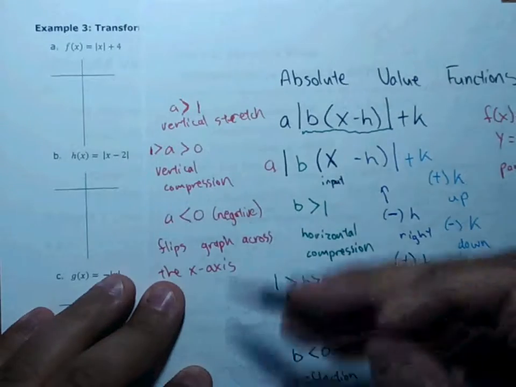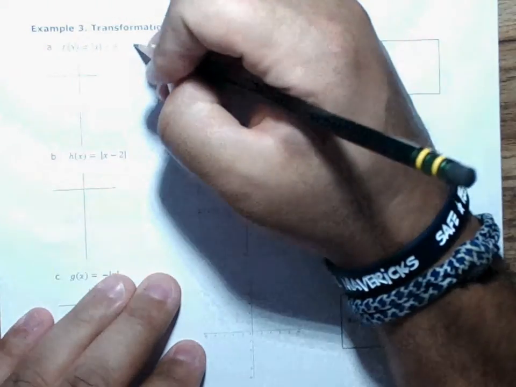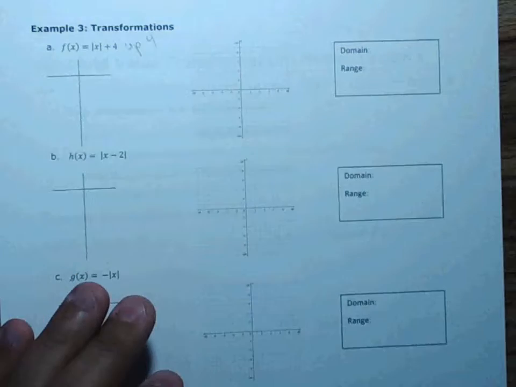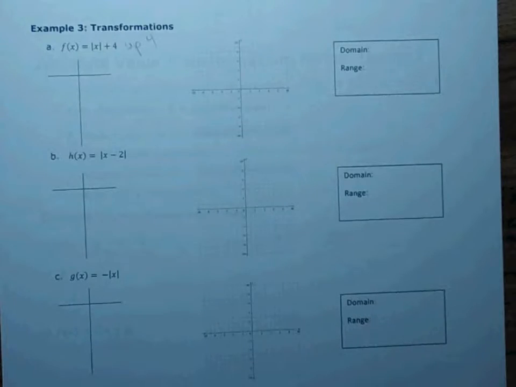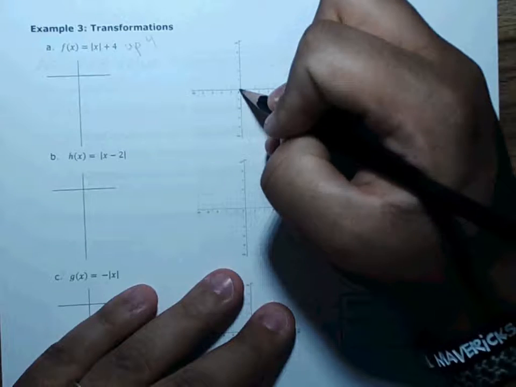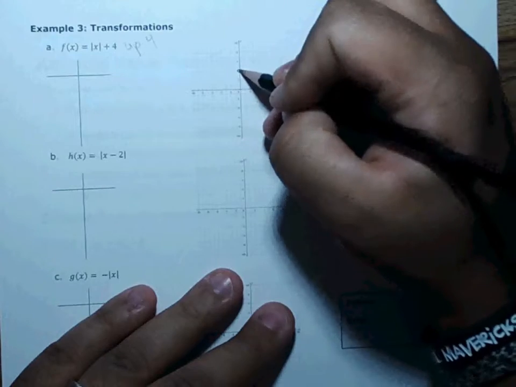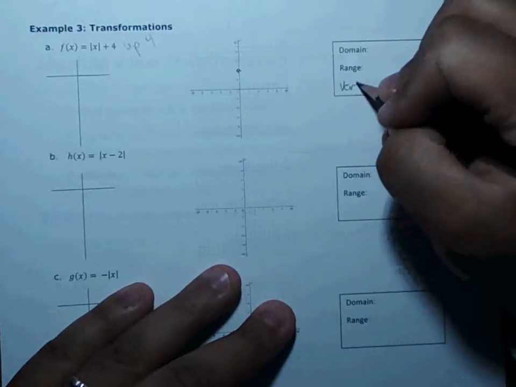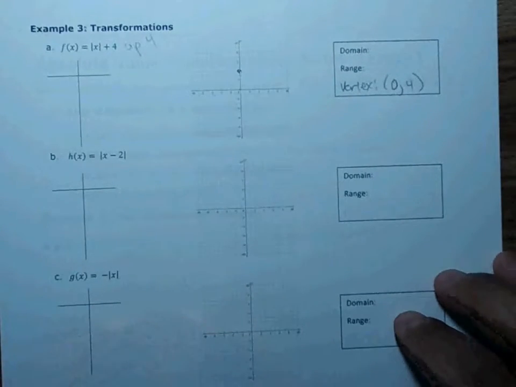So I know this is going to move my entire graph up 4. The very first thing that we graph, anytime we have an absolute value function, is the vertex. The parent function vertex is at (0, 0). If they move it up 4, it'll go up 1, 2, 3, 4, and I have a point right here. So my vertex is (0, 4) because I moved my graph up 4.